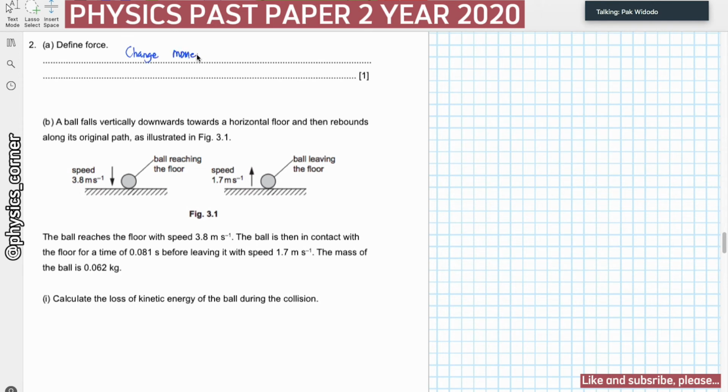Actually this is delta P over delta T. Force is delta P over delta T.